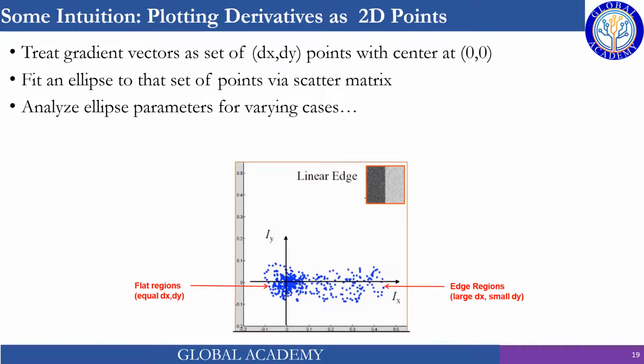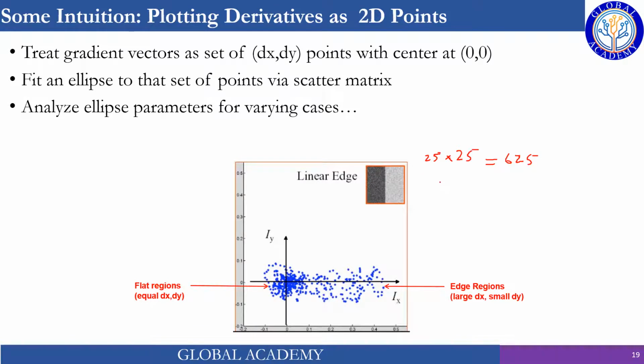So let's consider this linear edge. Say it is 25 by 25, which is 625 total pixels in this image. Though there could be more pixels, I'm just considering a smaller number. So compute the derivative at each pixel of this image, along the x-axis and y-axis.